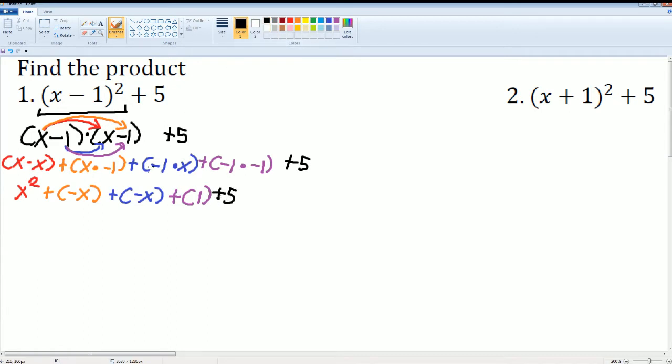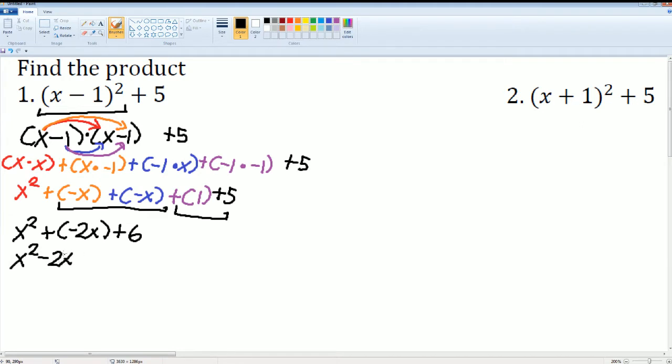There are some terms we can combine. We bring down the x squared, then negative x plus negative x gets you negative 2x. Then 1 plus 5 is 6. We can simplify this to just x squared minus 2x plus 6. All right, there you go.